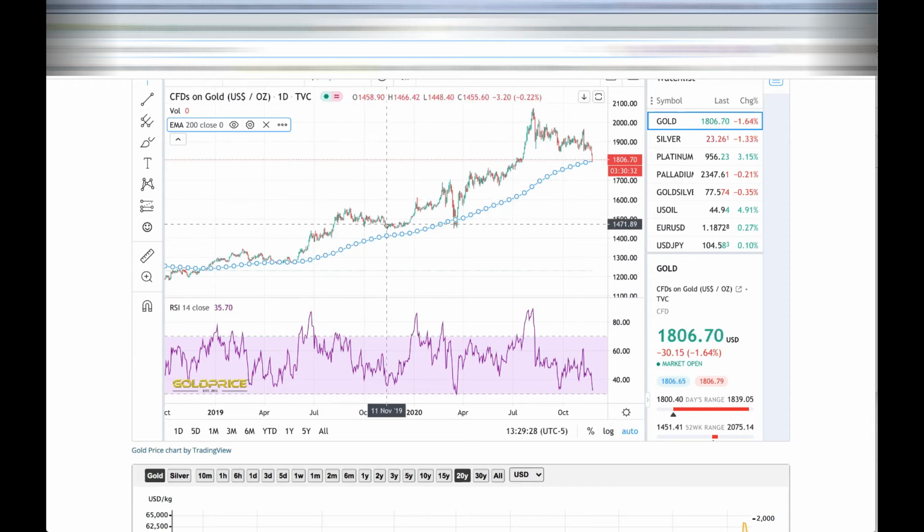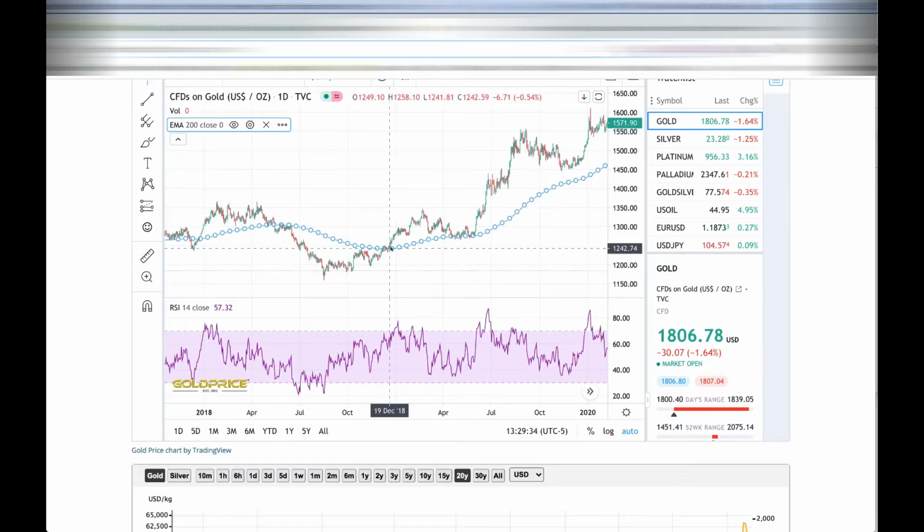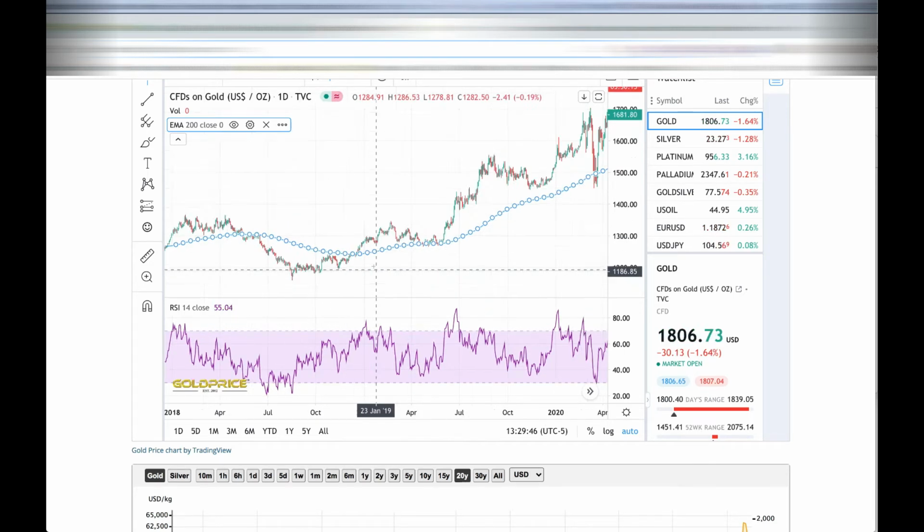There are times when we came close to it, but most of the time we were above the trend. The last time we were under the trend was in November 2018, right after we broke through the trend and came down into a bear market for a while, and then we went back up again.